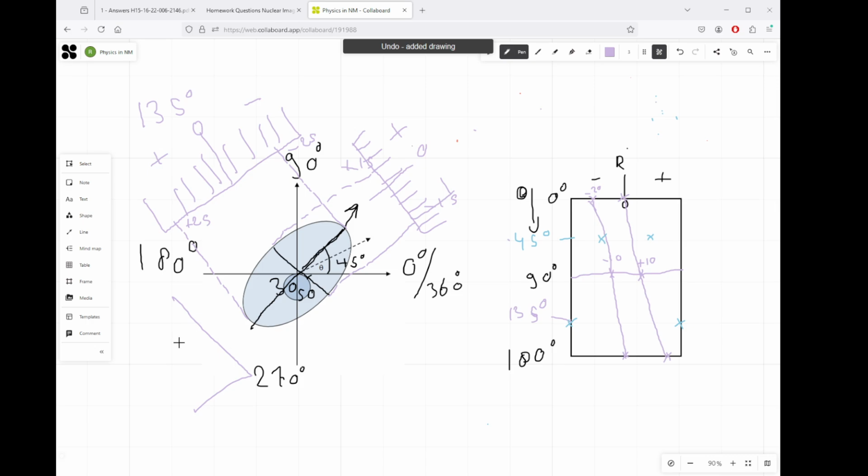Which would be at how much? It is 135 plus 90 degrees. Then you end up at 225 degrees.